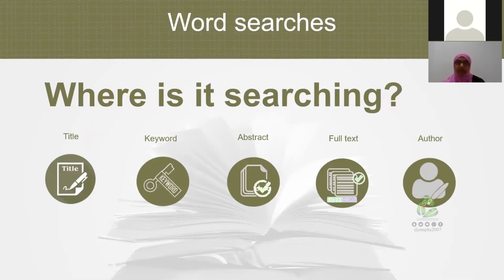Do you want it in the abstract? Do you want it in the full text, and so on? So these are also something you can select in the database. If I'm looking for clinical pharmacy, I want my clinical pharmacy to be captured in the title. It should be in the title. Otherwise, it could be mentioned at one point in the literature, but it's not relevant to my topic.